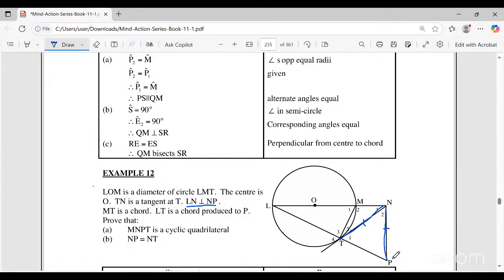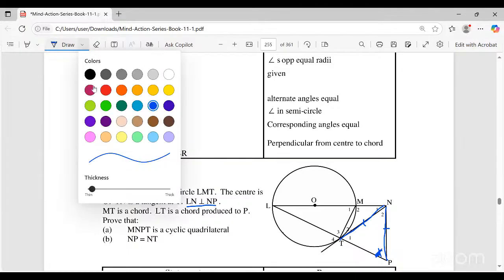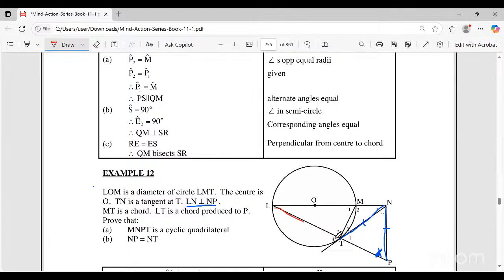Maths is fun. You can let this angle here be x, this angle here be x. Therefore, if this angle is x, in this red triangle, this angle here will be 90 degrees minus x.